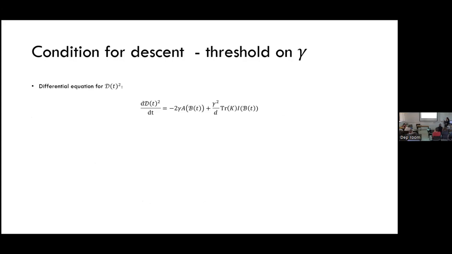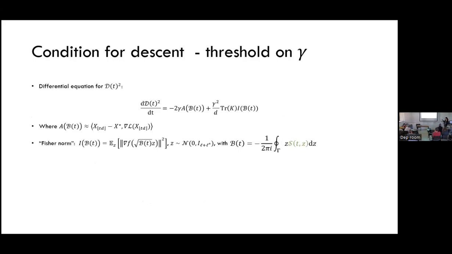So now I can really look at this formula and ask when this will descend. The first term involves the gradient itself, and the second one is a term that involves the noise part. What is important is that I now have a dynamical threshold, which depends on the ratio between these two terms.